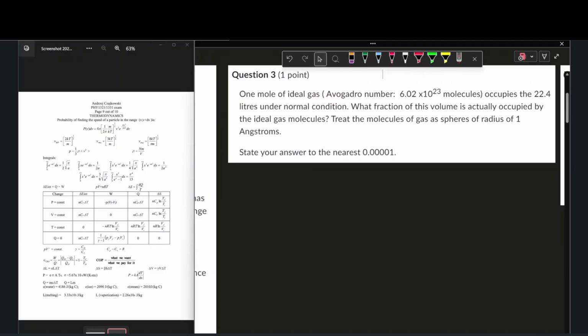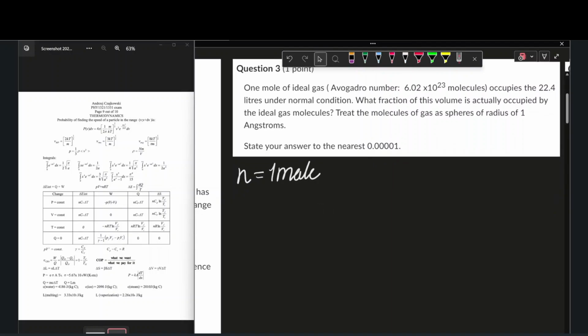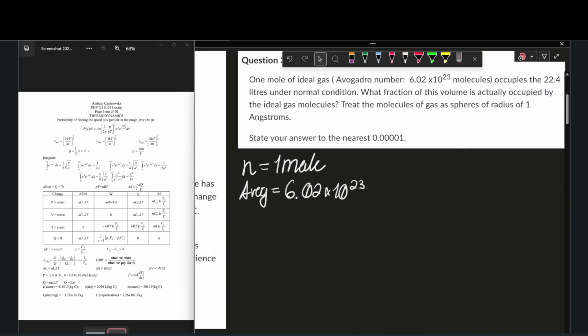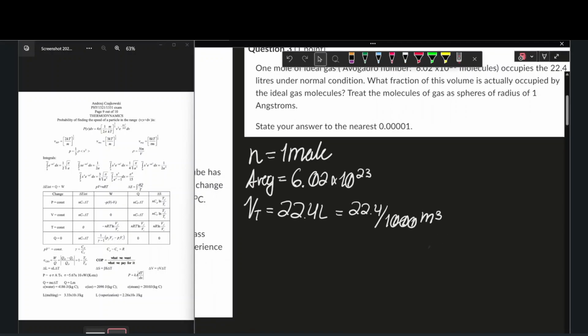So, 1 mole. We know Avogadro's number is 6.02 times 10 to the 23. As well, we know that the total volume is 22.4 liters, which we also write as 22.4 over 1,000 meters cubed.